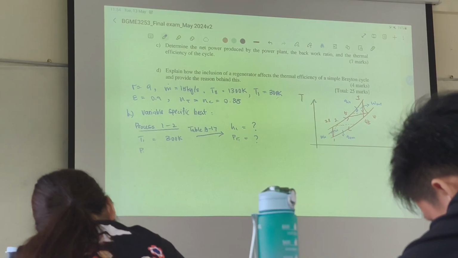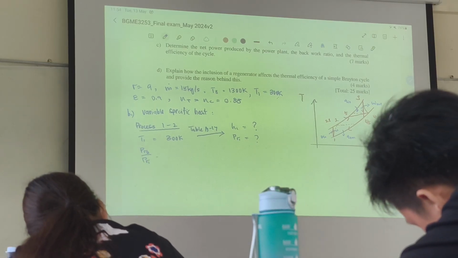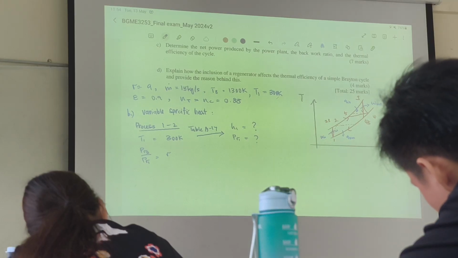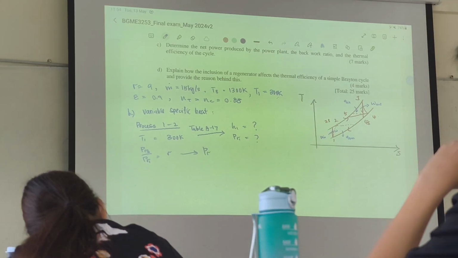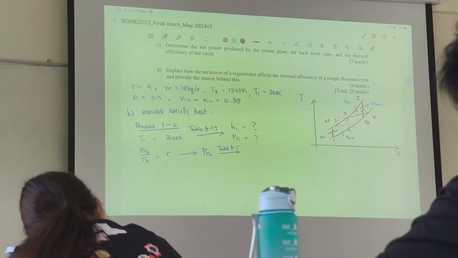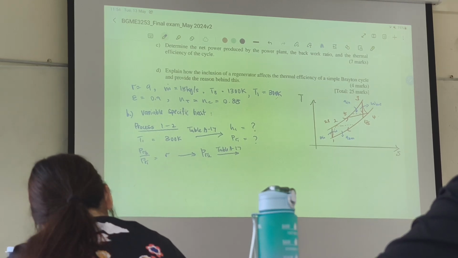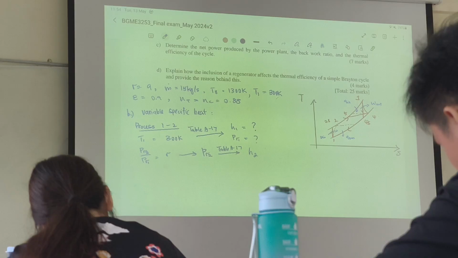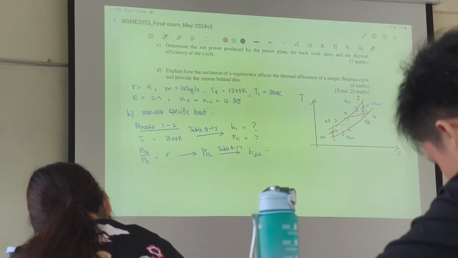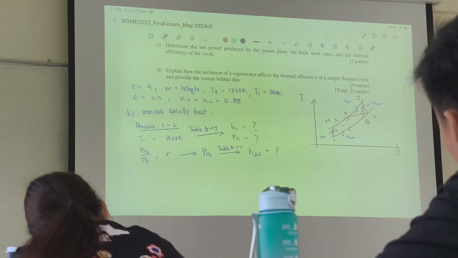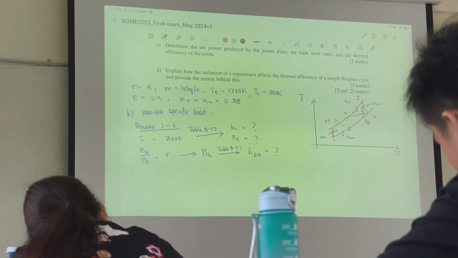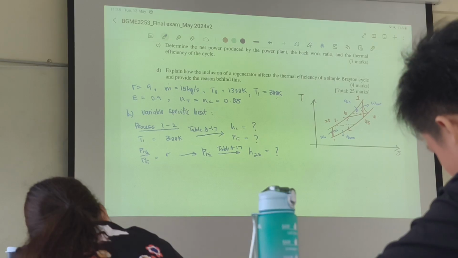After that, we say PR2 over PR1 equals R. From here, you can get PR2, then back to the table, you can get H2S. Whatever you find using the isentropic equation is always the S version, not the actual version.